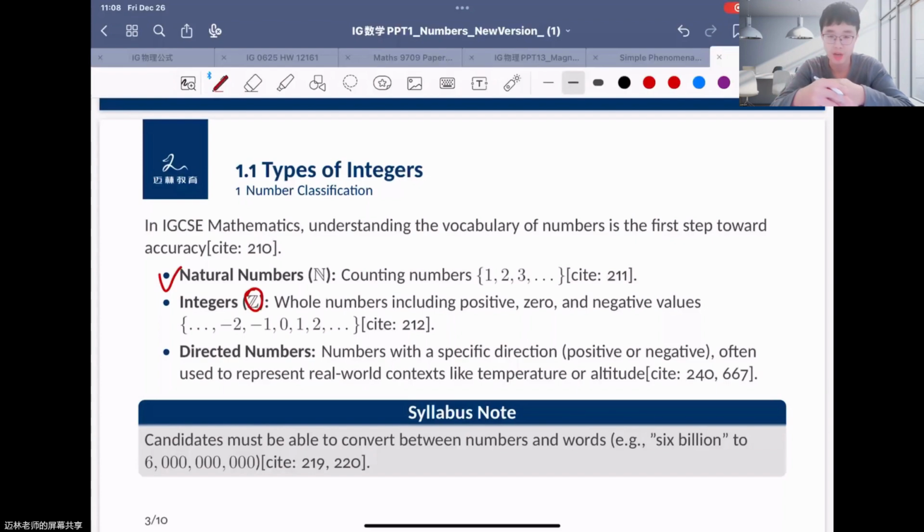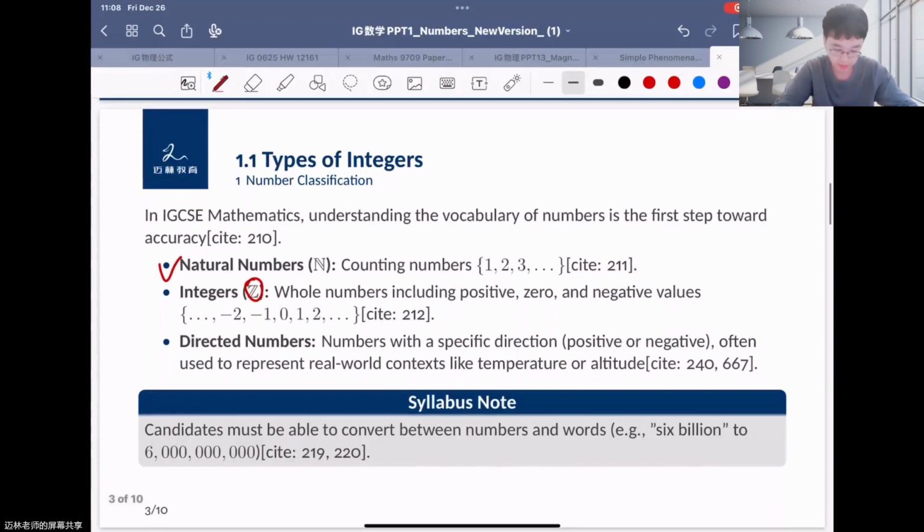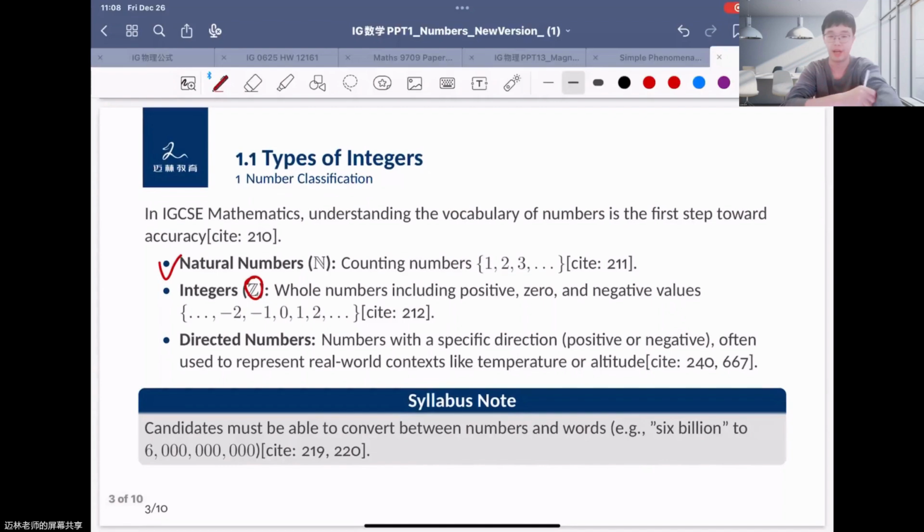In some syllabuses, we can find a very big number like 6 billion. You can find there are 9 zeros after the 6. This is a very big integer, and we use scientific notation to write down 6 billion.